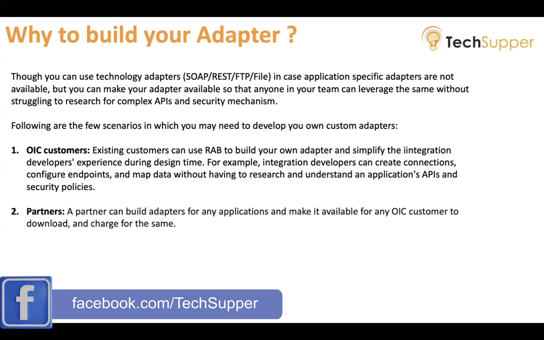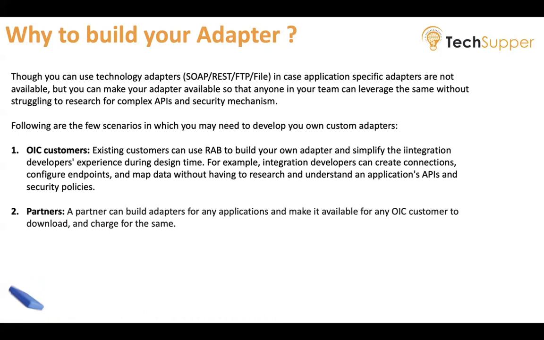Partners: any partner can build adapters for any application and make it available for any OIC customer to download, and charge for the same. So you can monetize your own adapters also, but there's a process to monetize them.